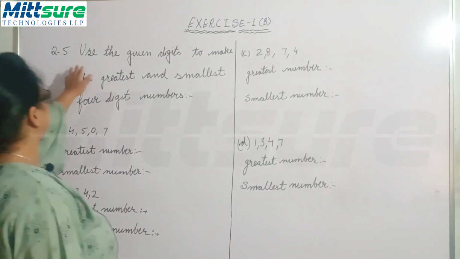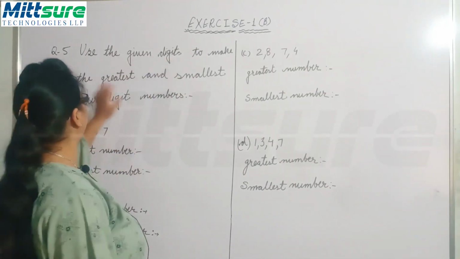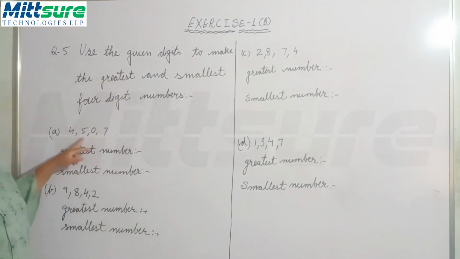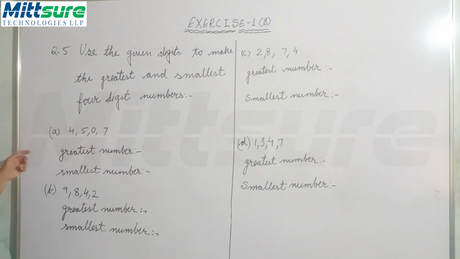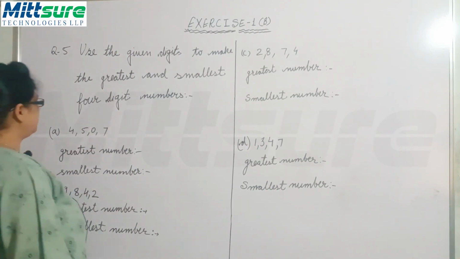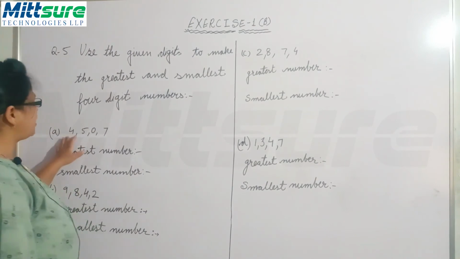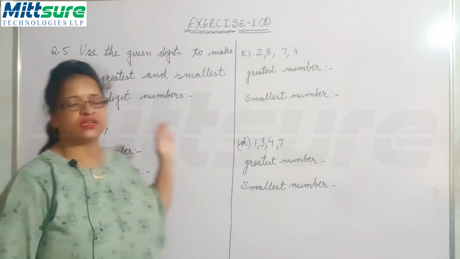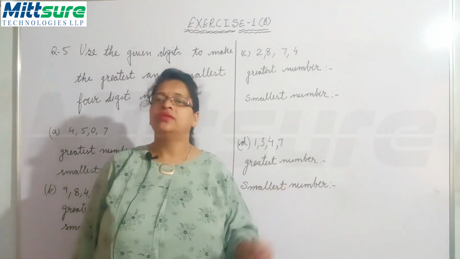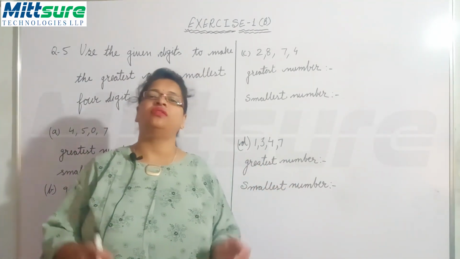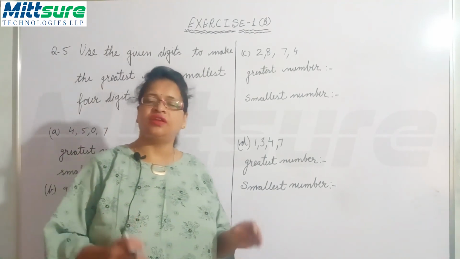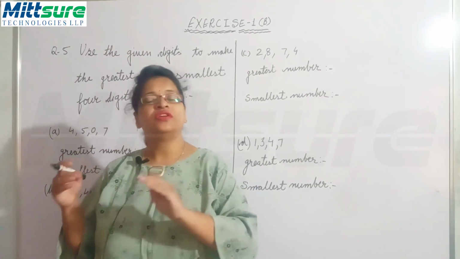Now we will do question 5. Question 5 is: use the given digits to make the greatest and the smallest 4-digit number. These are the 4 digits given and we have to make the greatest number and the smallest number. How do we make them? We discussed in the previous video that when making the greatest number, we arrange the digits in descending order.